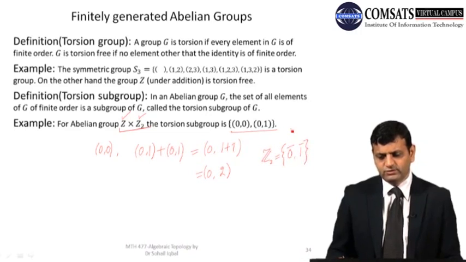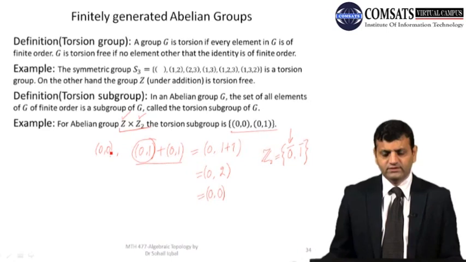In this set 2 belongs to the class 0, because if I divide 2 by 2, then the remainder is always 0. So that's why this 2 is nothing but 0. So if I add this element twice, then the result is the identity. In other words, the order of this element is 2. So it has finite order. Similarly, 0 0 is the identity element. If I add it to itself, then of course the result is the same, the identity element. So the torsion subgroup of Z cross Z2 has these two elements.